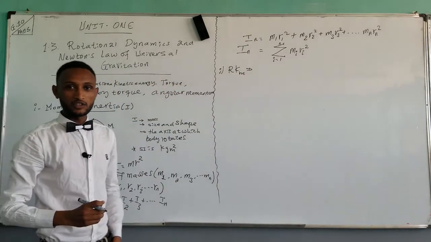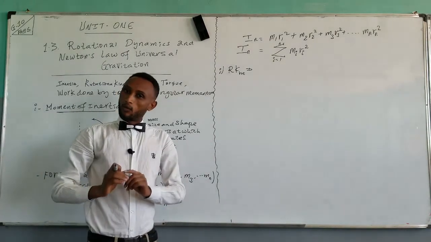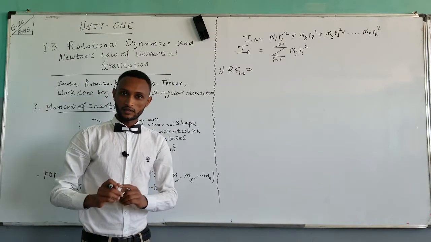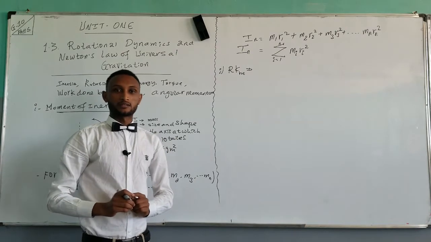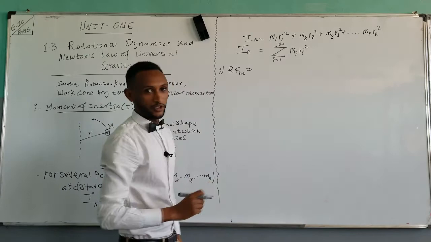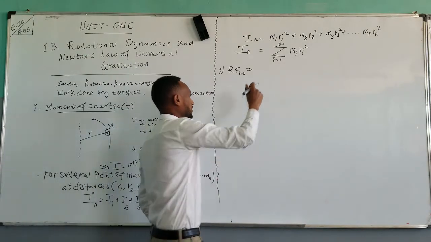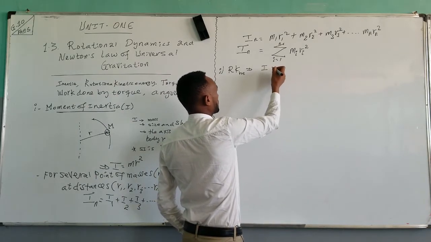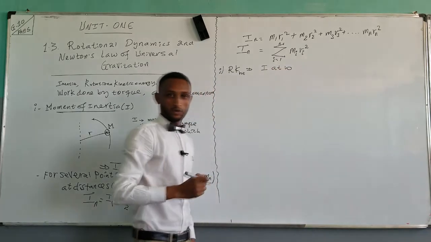It is the kinetic energy of a body with moment of inertia I when it rotates about the axis of rotation with an angular speed. Rotational kinetic energy is the kinetic energy of a body with moment of inertia I rotating at an angular velocity.